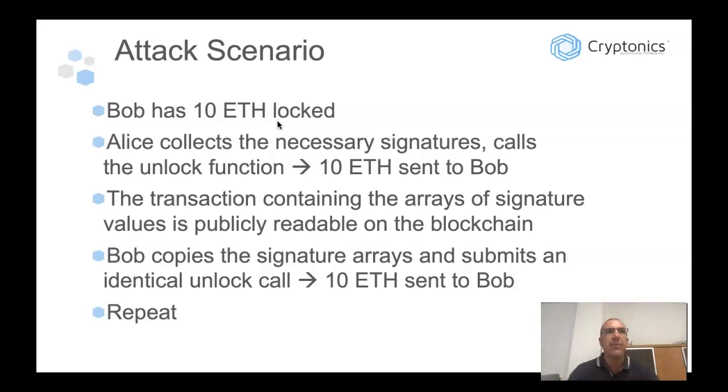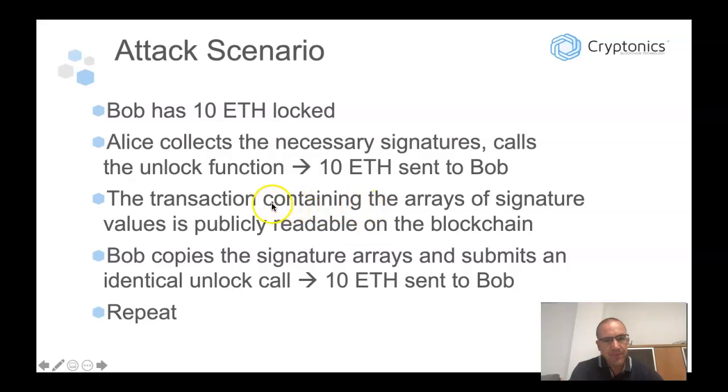In this case this was, as I said, a cross blockchain bridge where funds were locked in on one side to be freed on the other. But in any case, Alice is someone that collects signatures from authorized parties and sends them to the unlock function. So she sent these 5 signatures, and 10 ETH are sent to Bob.